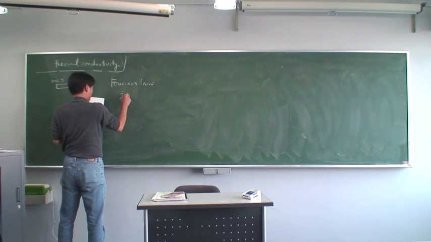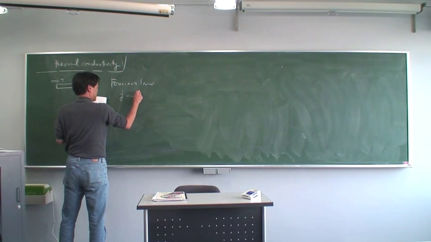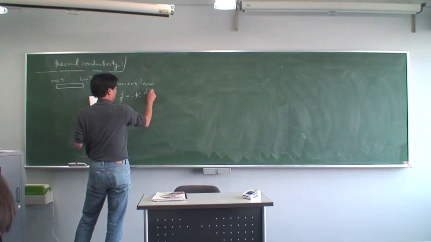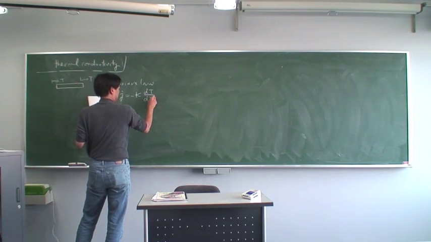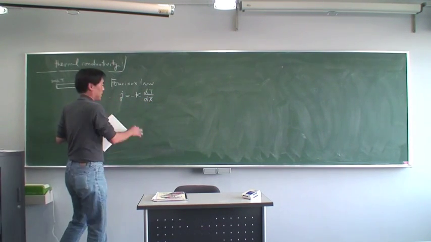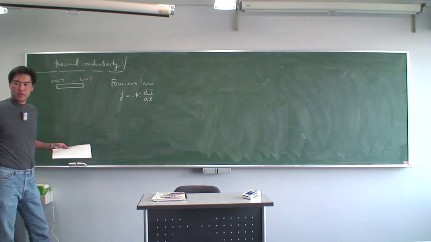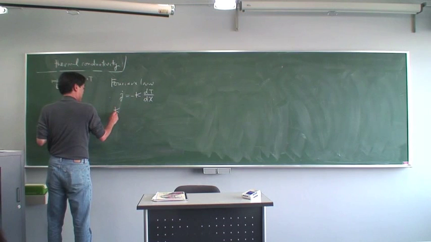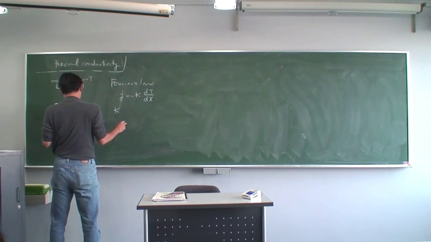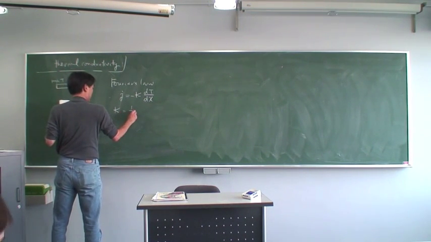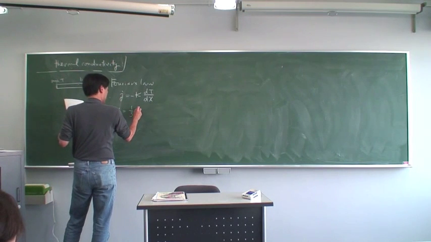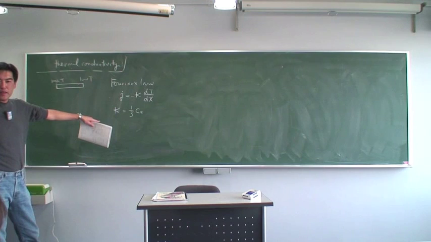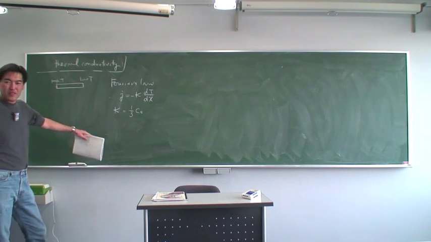J equals minus kappa dT/dx. I'm just talking about the one-dimensional case. And kappa, thermal conductivity, is given by 1/3 CE. Now you know why I covered the specific heat first.